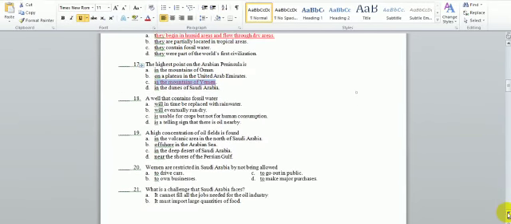Number 18. A well that contains fossil water will in time be replaced with rainwater, will eventually run dry, is usable for crops but not for human consumption, is a telling sign that there is oil nearby.